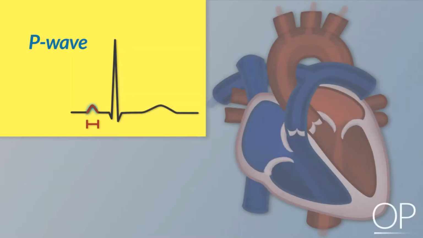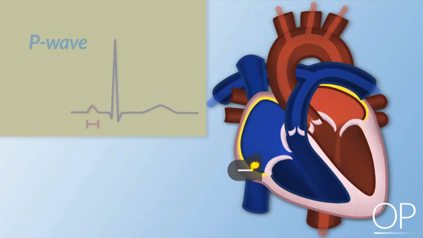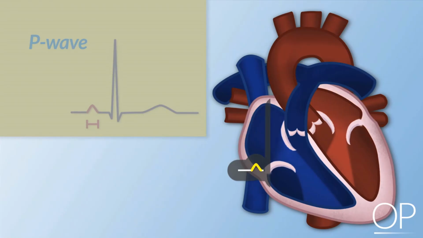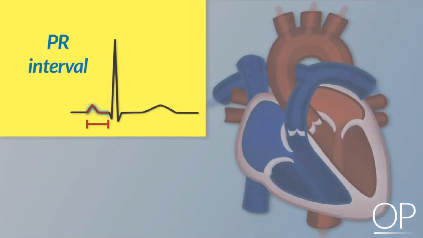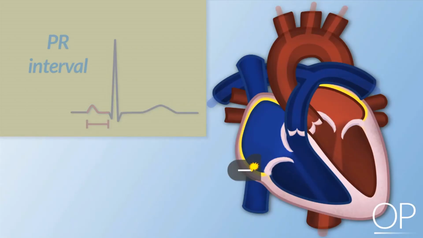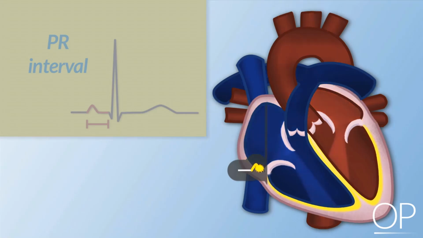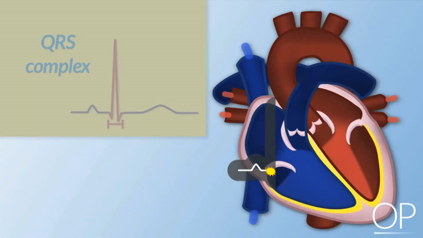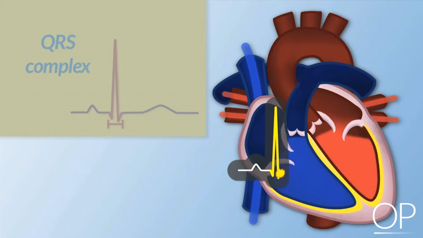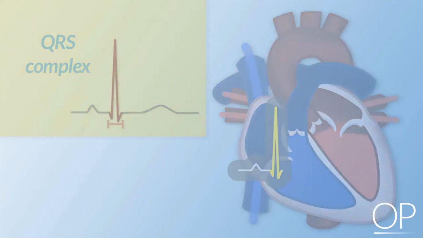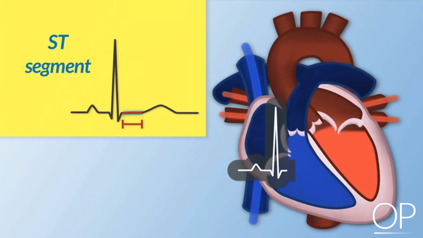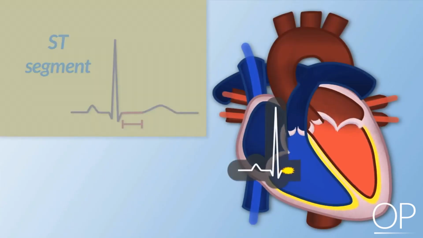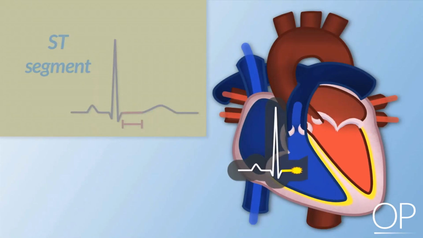The P wave of an electrocardiogram represents atrial contraction. The PR interval is a measure of time from the onset of atrial contraction to the onset of ventricular contraction. The QRS complex represents the complete depolarization of the ventricles. The ST segment represents the complete repolarization of the ventricles.